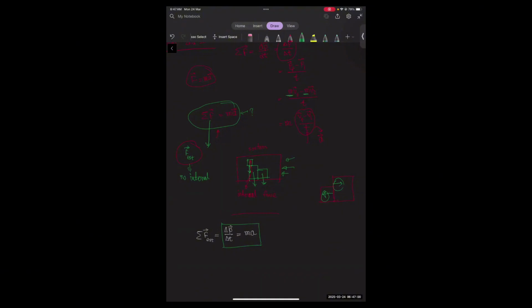We did see here that these two are equivalent, but only in the case when mass is constant. So can we just say that Newton's law is F is equal to ma? First of all, you shouldn't say F is equal to ma. You should at least say the sum of all the forces is equal to ma. Now, this in some context is correct, but this needs a bit more explanation.